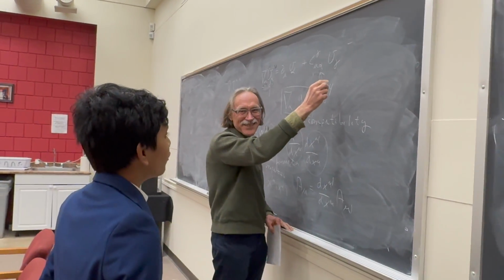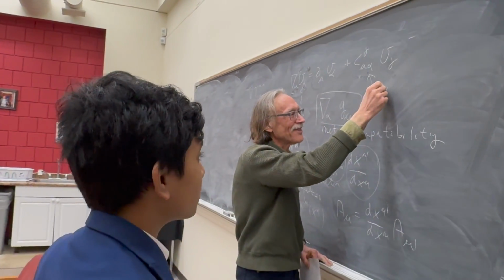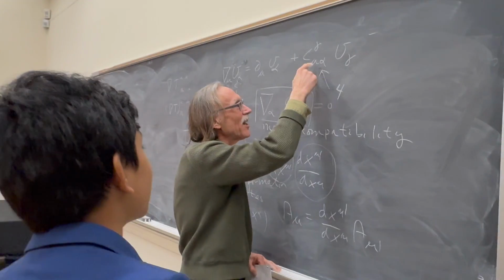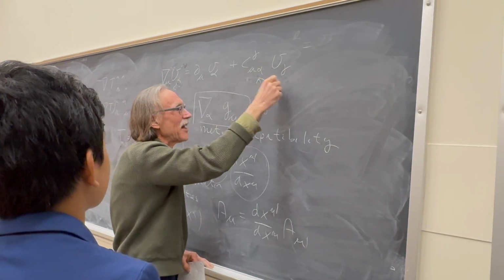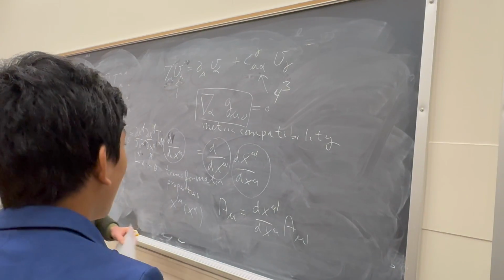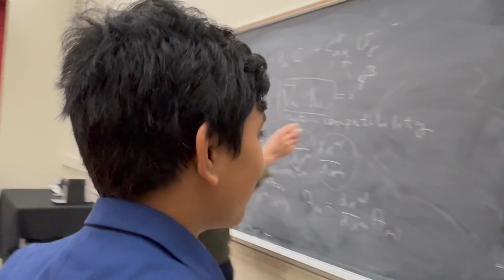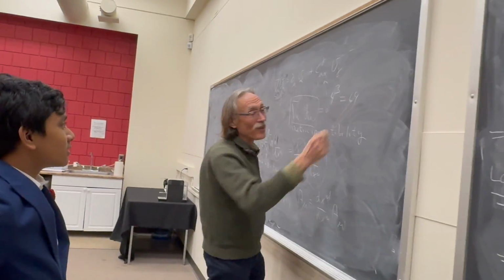How many? Oh, 4 factorial, so 24. No. Each can have the values 0 to 3, there are 4 for each. So there are 64 of them.